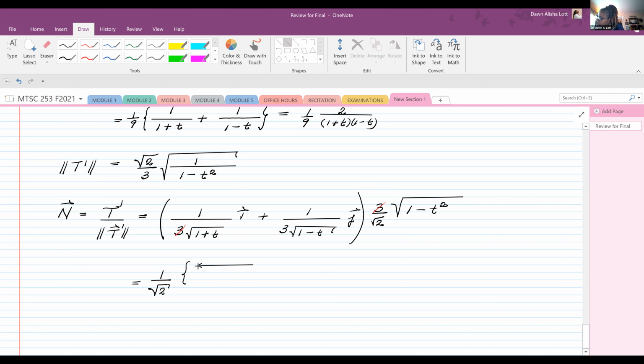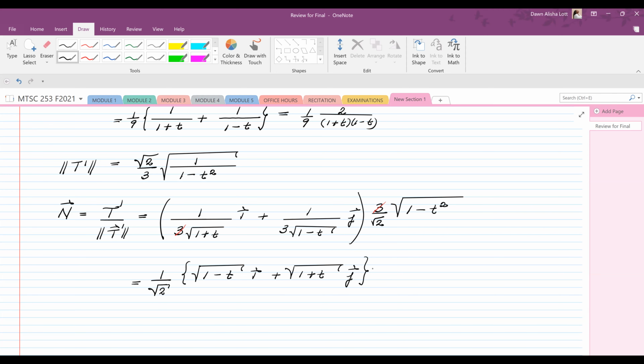Why do you have an arrow? The square root of 1 minus t, because the 1 plus t canceled. Okay, that makes more sense.